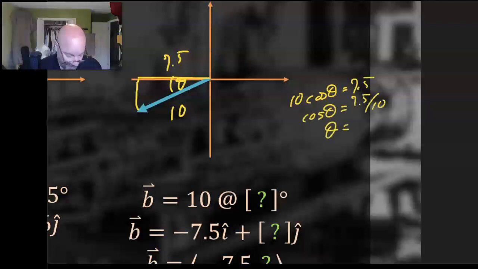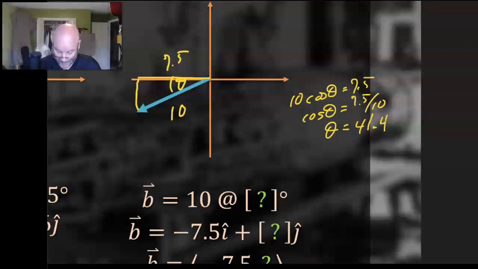Then I want to do the inverse cosine on that. I get 41.4 degrees, so there's my theta value.